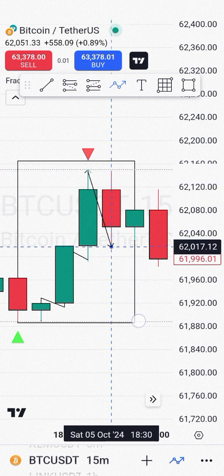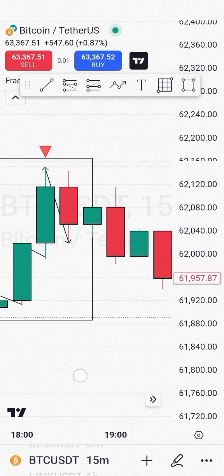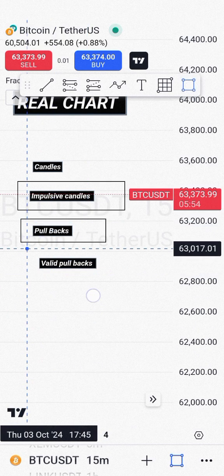After three candles went higher, we have a candle that came lower, and that is a pullback. That's what we call a pullback. Though there's a difference between a pullback and a valid pullback, this is a pullback. It came against the flow. The flow was up, then we have a candle that came back against the flow. So that's what we call a pullback.